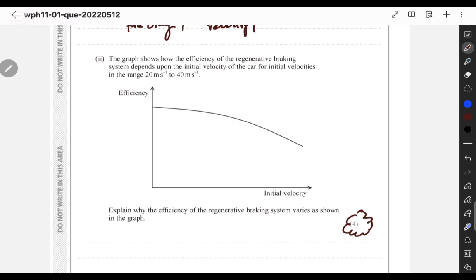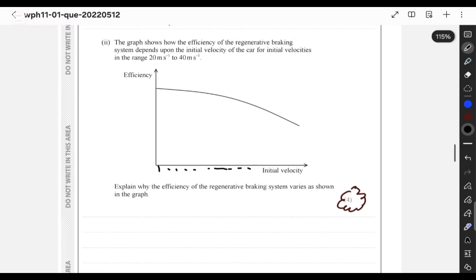Now it says the graph shows how the efficiency of the regenerative braking system depends on the initial velocity, for initial velocities in the range from 20 meters per second to 40 meters per second. So we have different initial velocities, and we're going to have different kinetic energies at the start, and then we're going to see how the efficiency changes with that.